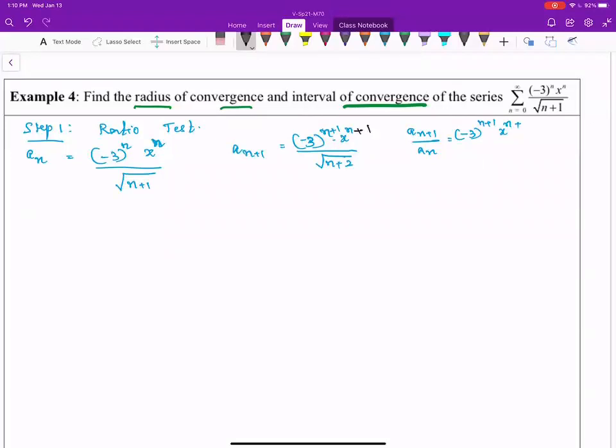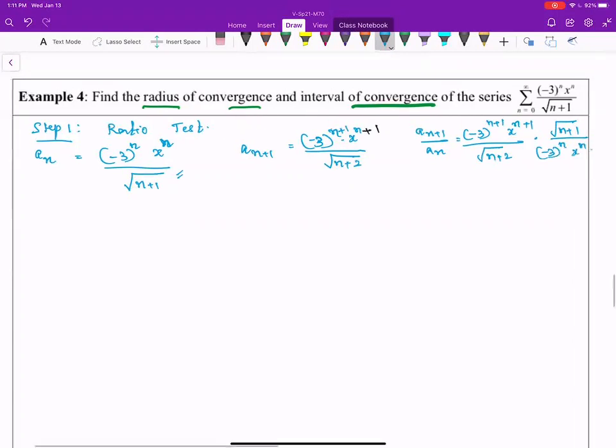divided by square root of n plus 2. Then you are dividing by this a_n, so you are going to take the reciprocal and multiply: square root of n plus 1 divided by (-3)^n x^n.